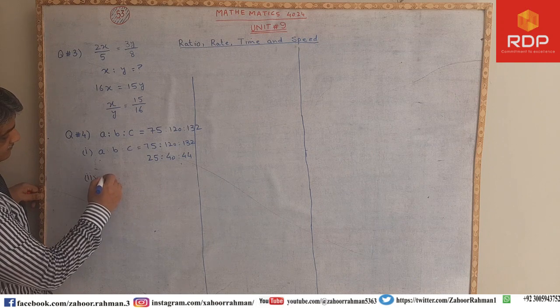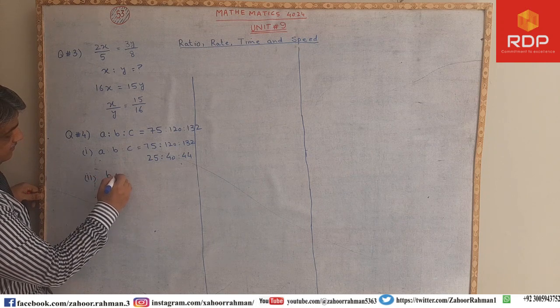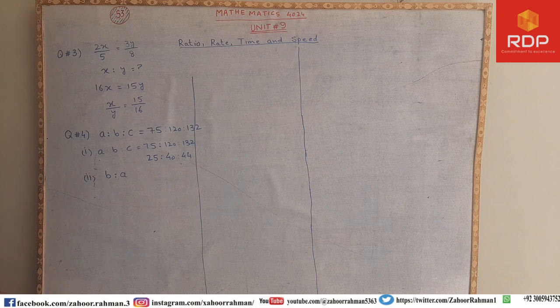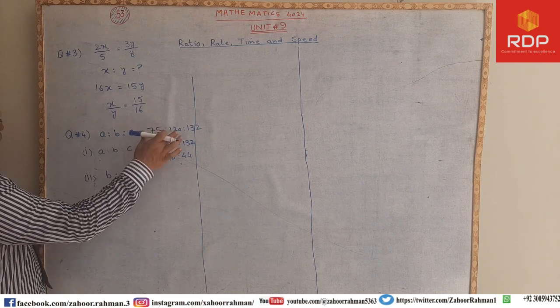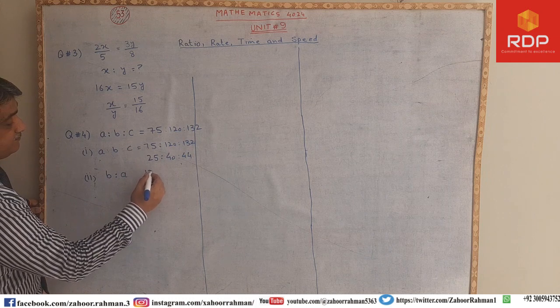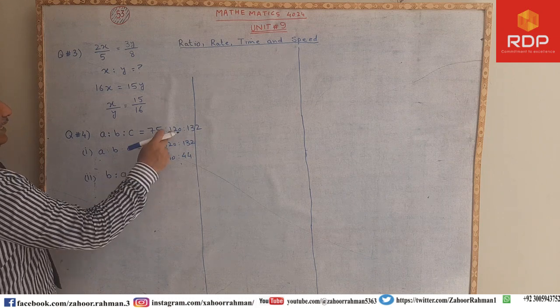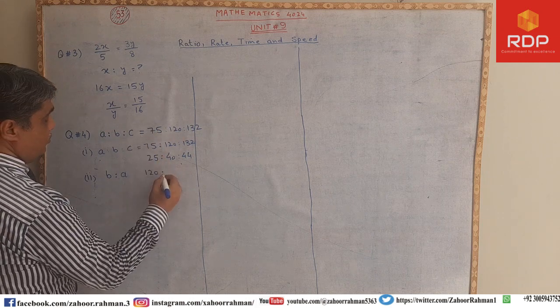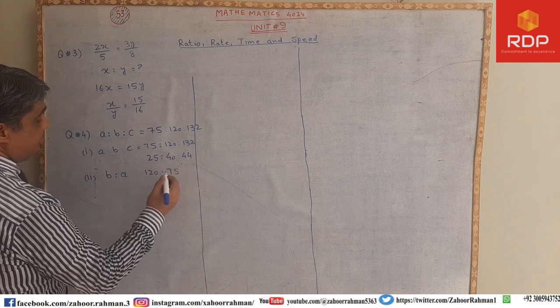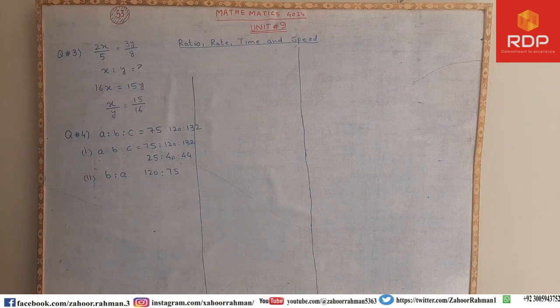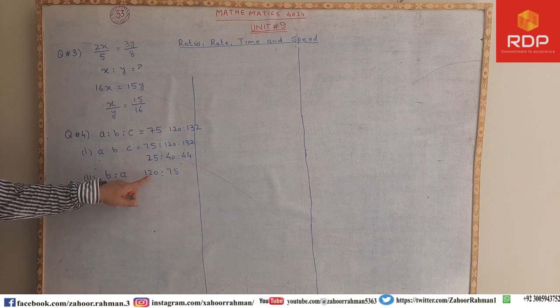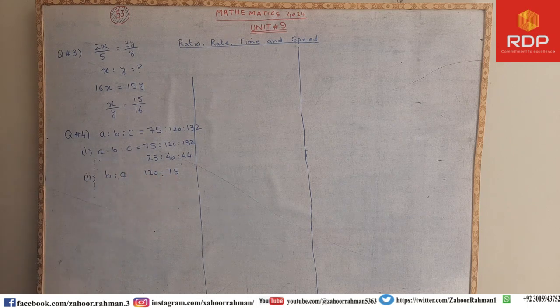Find B ratio A. So B corresponds to 120 and A corresponds to 75. Instead of B we wrote this, and instead of A we wrote this correspondingly.